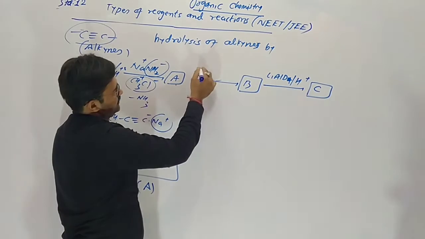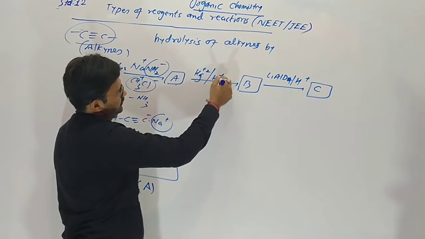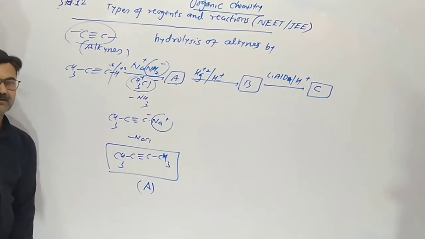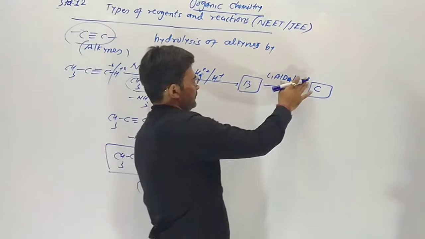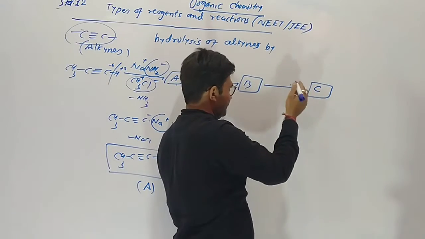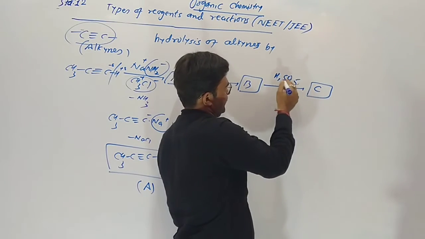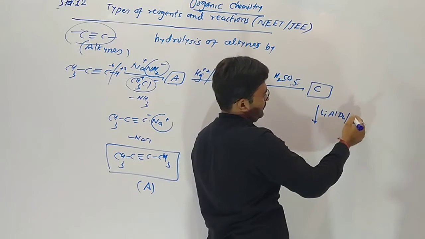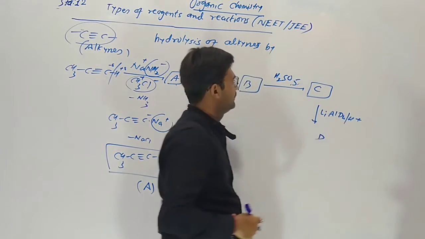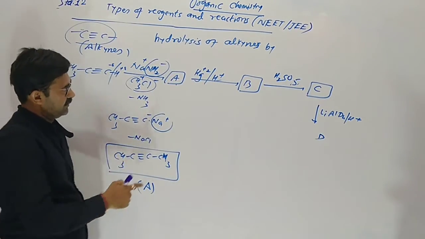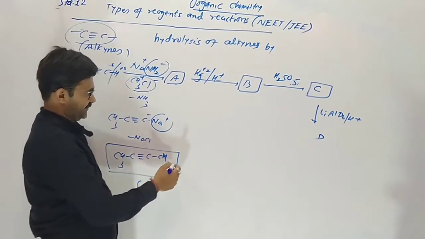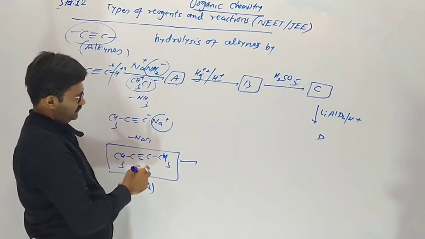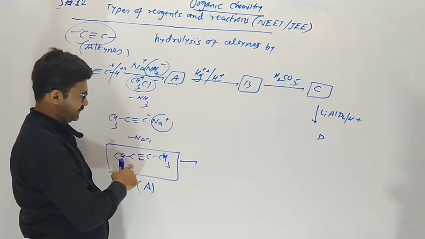Suppose hydrolysis of it, H3O plus with Hg2 plus, gives B. Then after that, H2SO5, and then after reduction. Now hydrolysis of it. So we know two OH come from the same carbon.